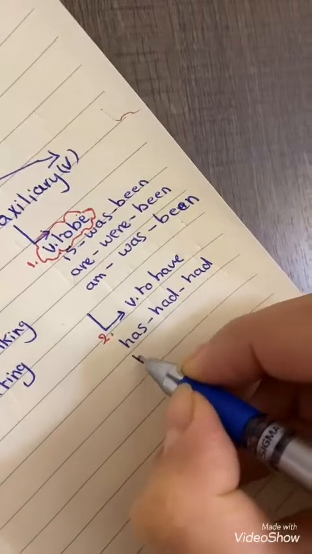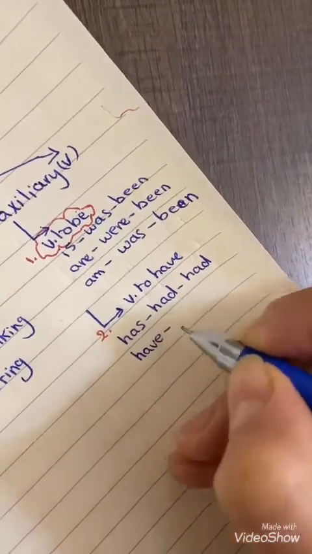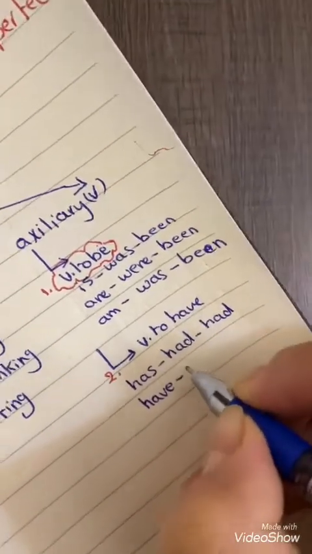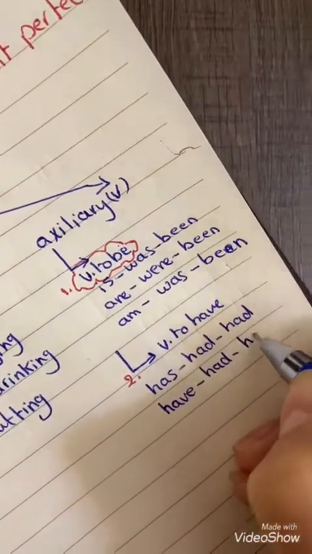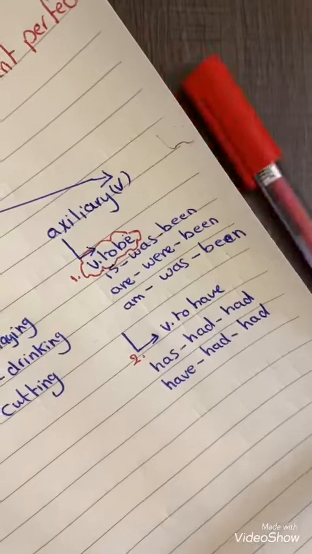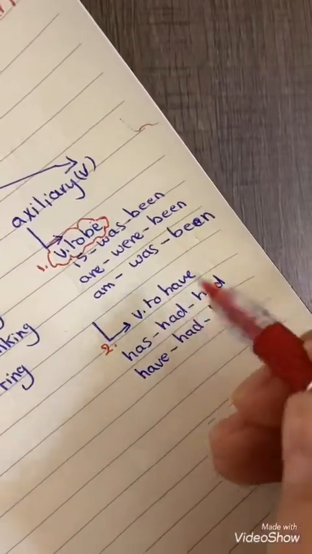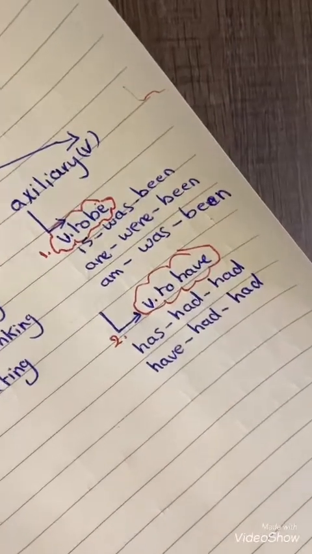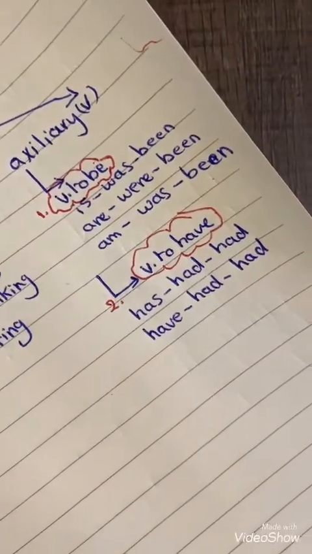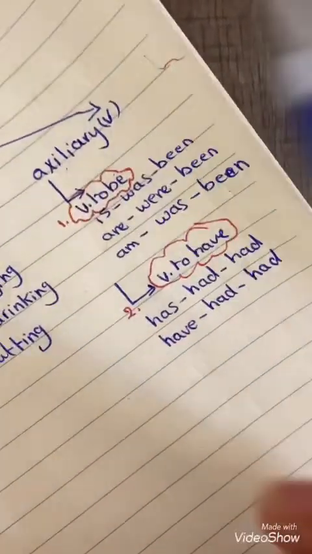What about have? The past of have is had, and the past participle is also had. These are the verbs to have. This is the second part of the auxiliary verbs.